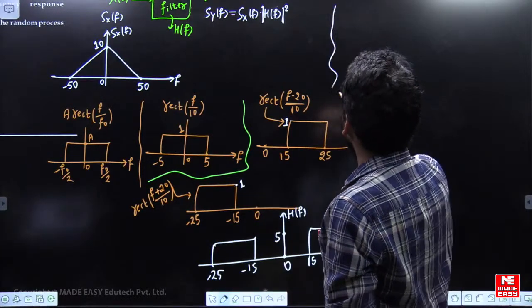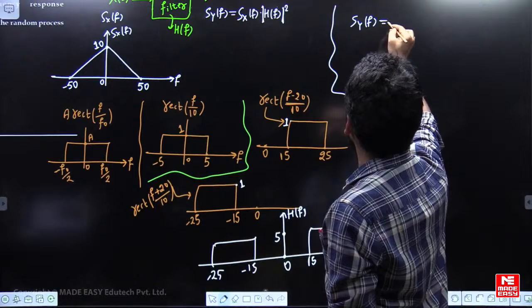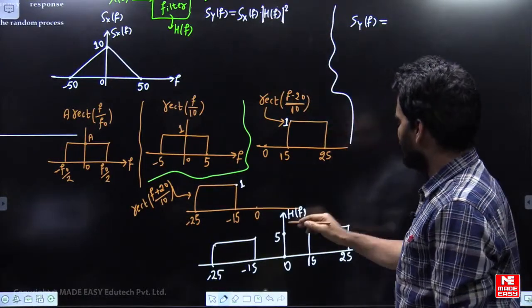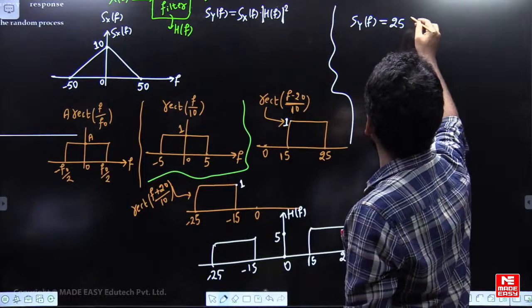So I can write Sy of f is equal to mod HF square, which is 25 of course, so 25 times Sx of f.